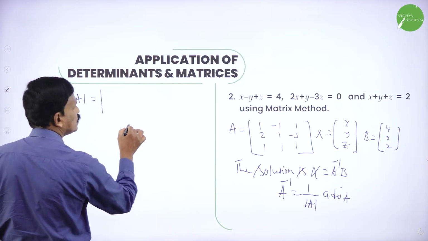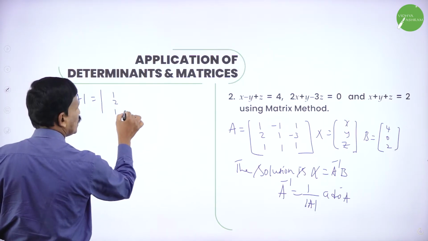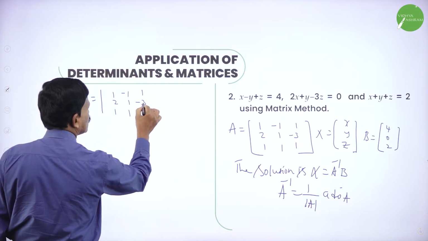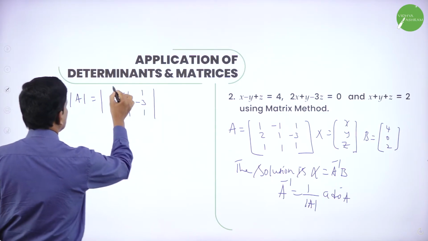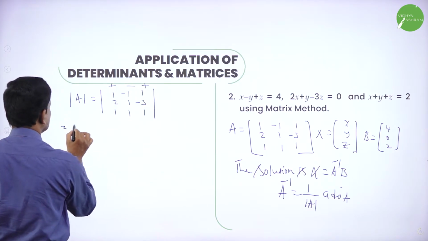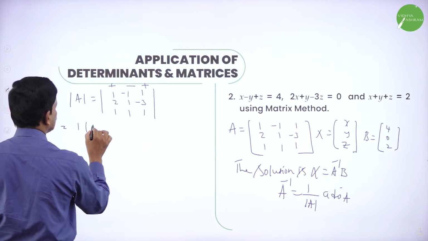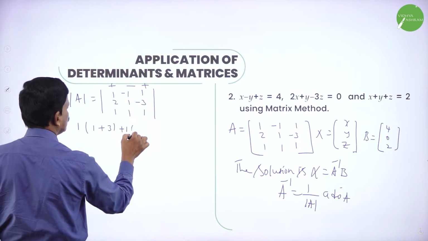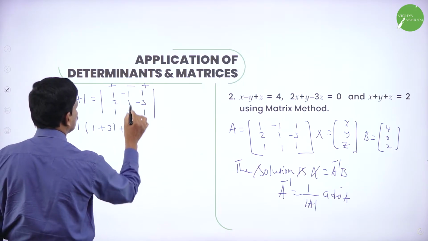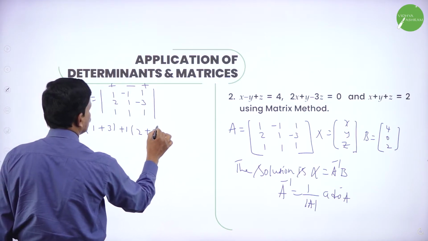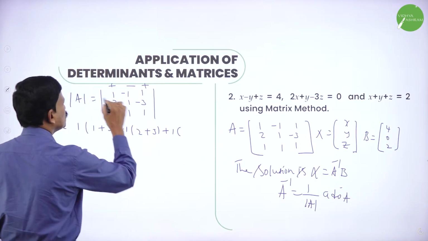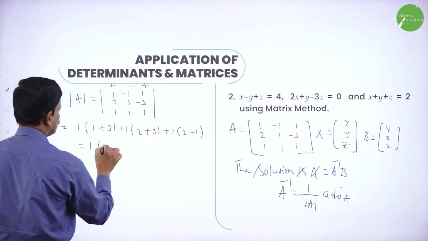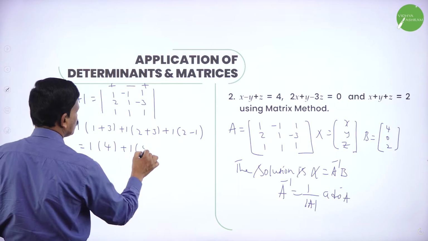Determinant of A is equal to the determinant with rows 1, minus 1, 1; 2, 1, minus 3; and 1, 1, 1. So simplify this with signs plus, minus and plus. 1 into 1 ones are 1, minus into minus plus 3, so 4. Minus of minus 1 into 2 ones are 2, minus 3 is minus 1, so plus 1 into 5.